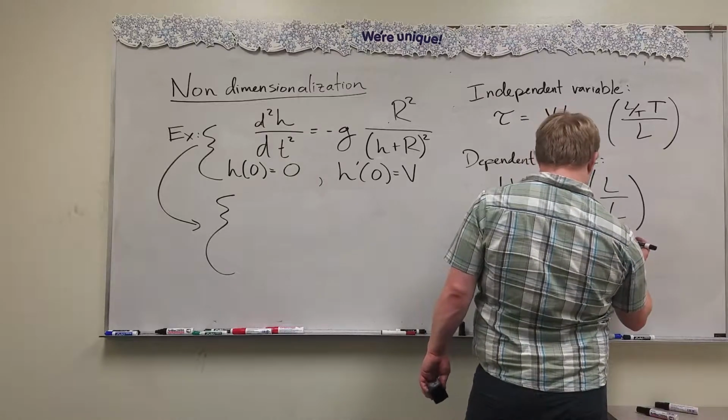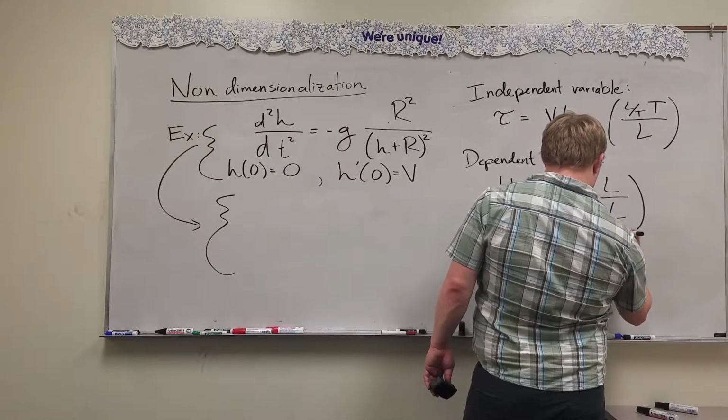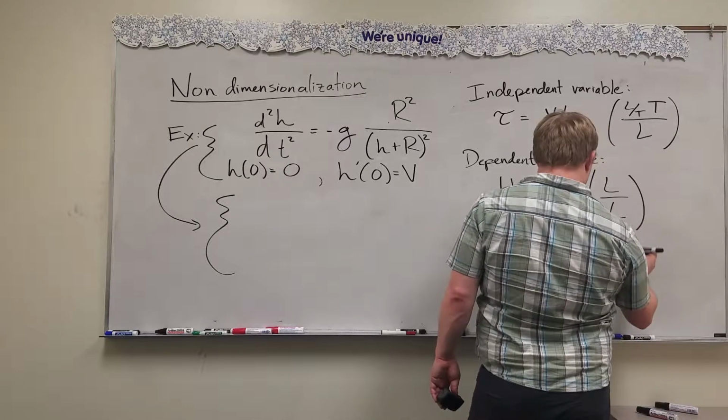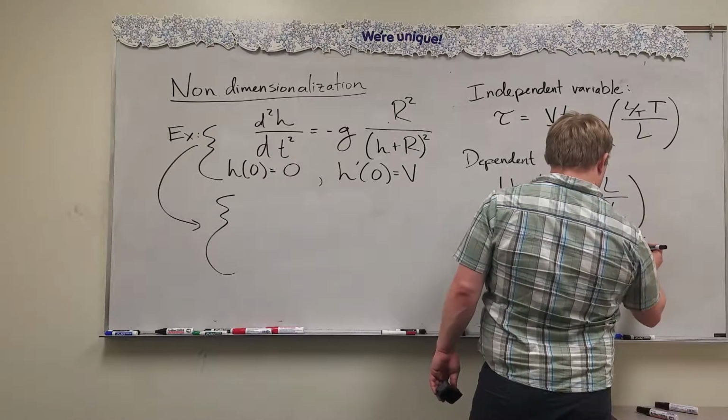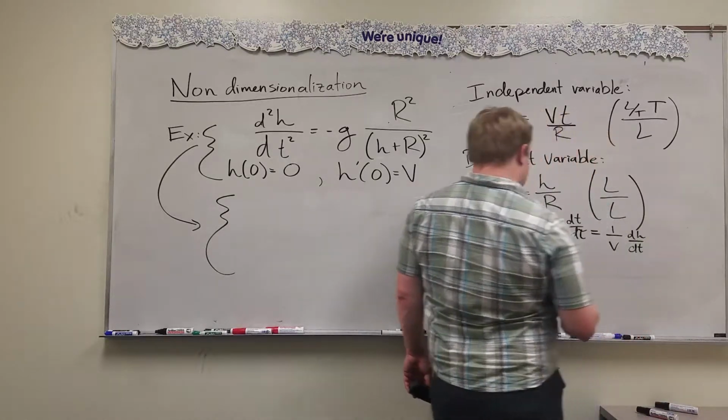Dt d tau is r over v, and that means that we get 1 over v dh dt.